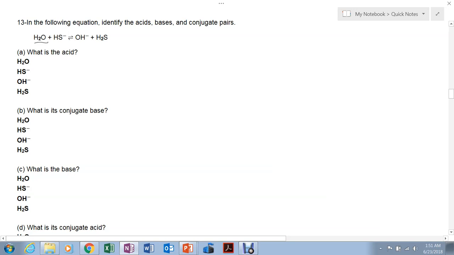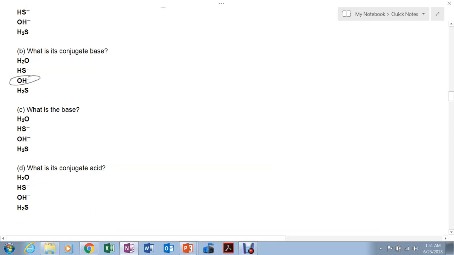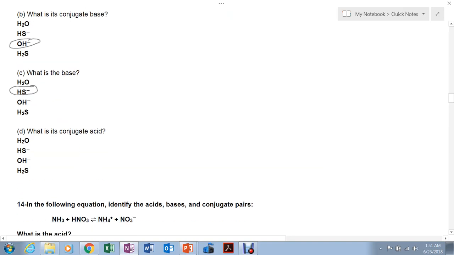So H2O, remember, water can act as an acid or a base. What is the acid? Water. What is its conjugate base? Hydroxide, because the conjugate base is losing one hydrogen and then adding one negative charge. So it's OH negative. Here, what is the base? HS negative, okay, and the conjugate acid is H2S.